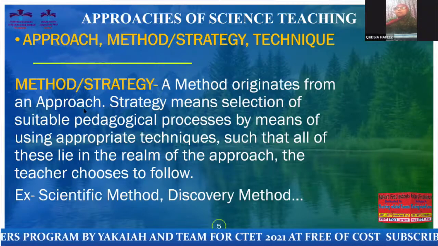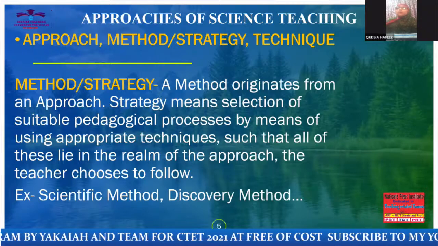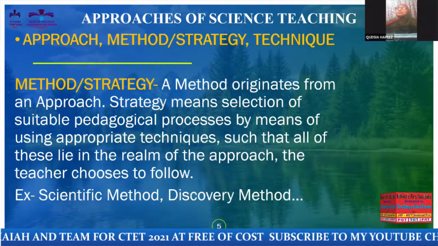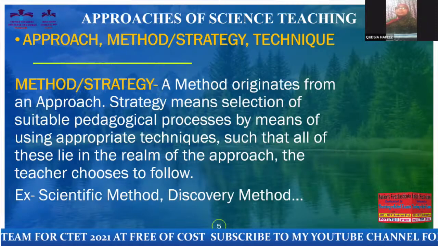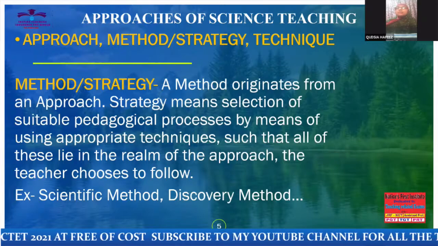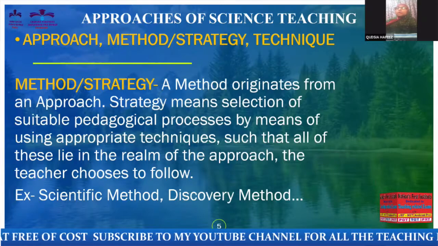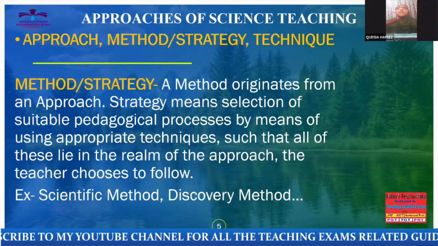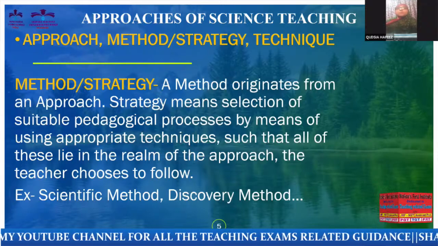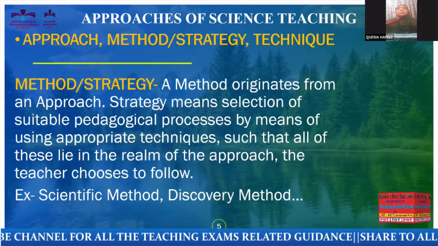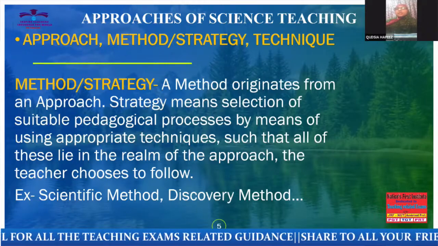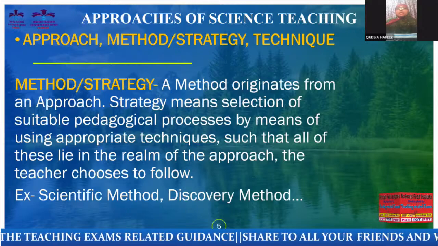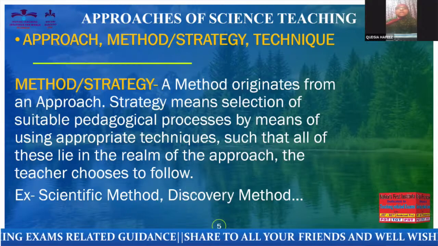So the method we are going to select for teaching a particular topic comes from the approach, the direction in which we teach. Then strategy means selection of suitable pedagogical process by means of using appropriate techniques, such that all these lie in the realm of the approach the teacher chooses to follow.